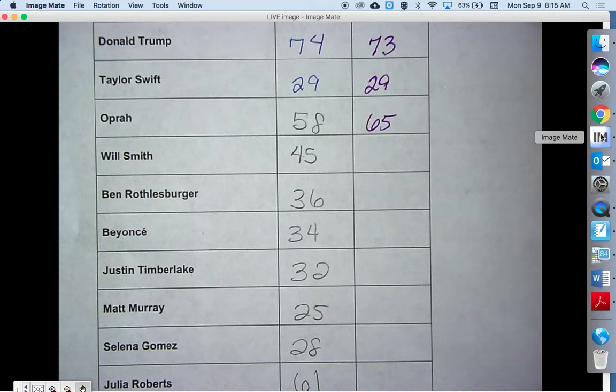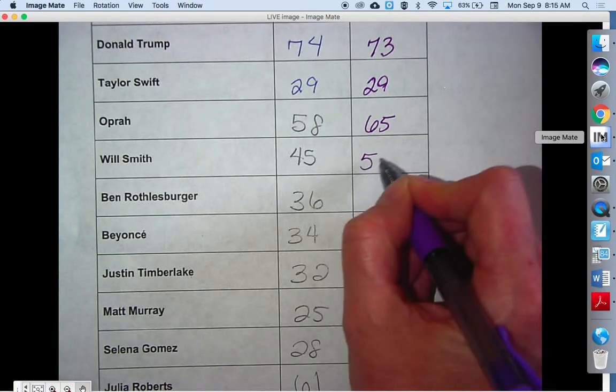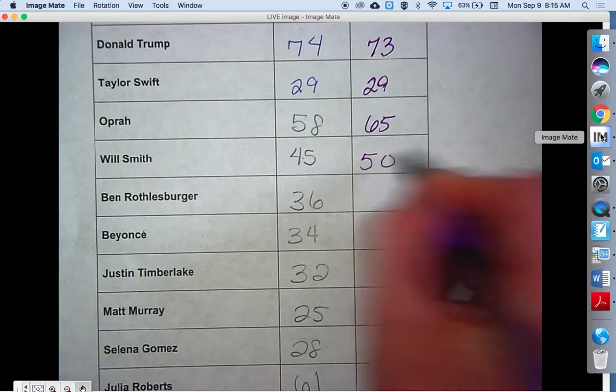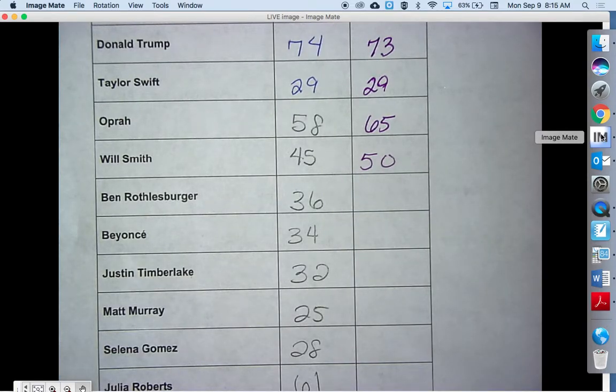Will Smith, he was just in the new Men in Black movie out this summer, I think, right? So Will Smith was born in 1968. He has a birthday this month, so he is still 50. He has not yet turned 51. Ben Roethlisberger was born in March of 1982.